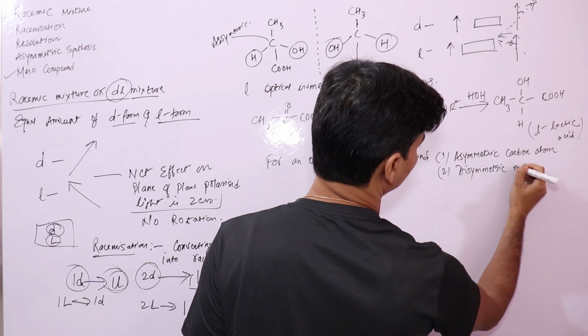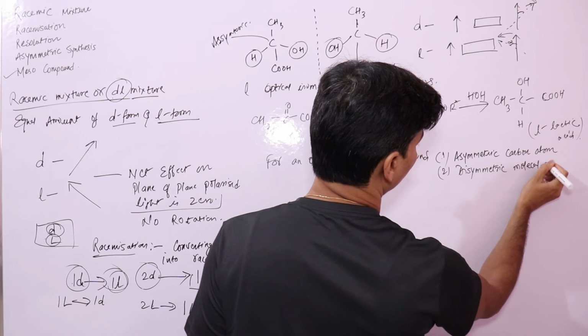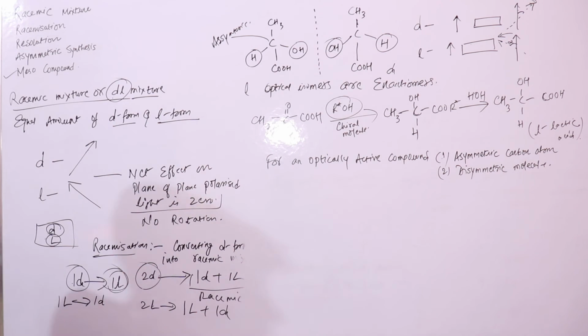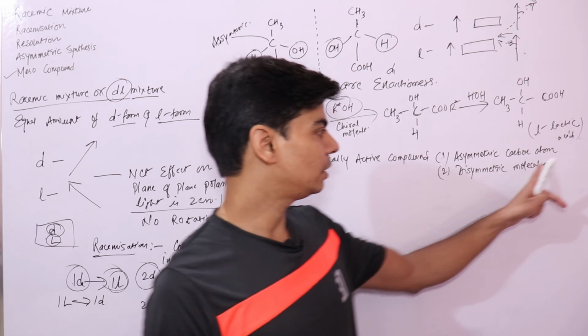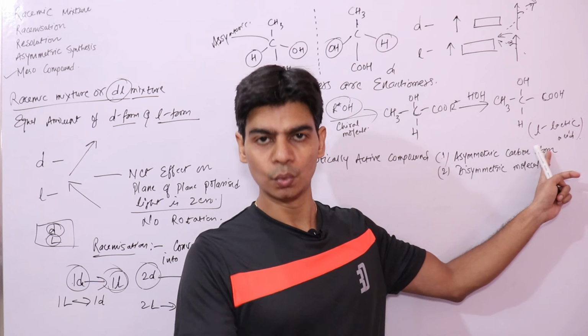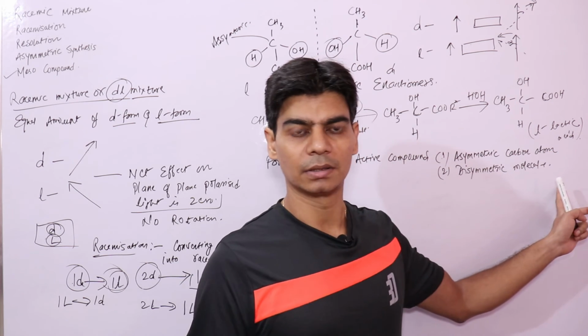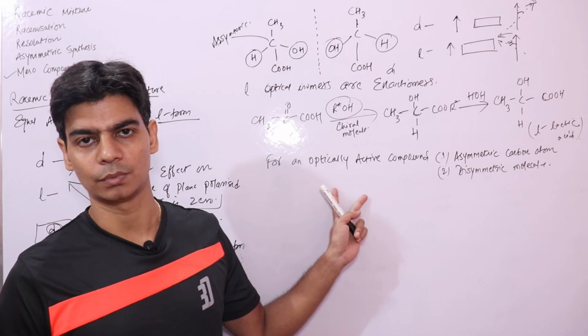Now these 2 conditions should be satisfied to declare a compound to be an optically active compound. Suppose you have an asymmetric carbon atom, maybe 1 or 2, but the molecule is not disymmetric, then it would not be an optically active compound, right.